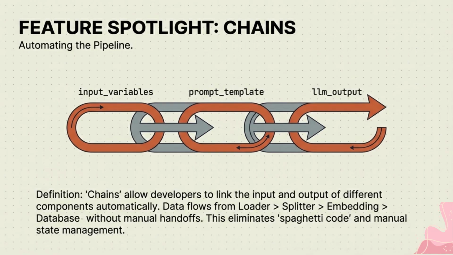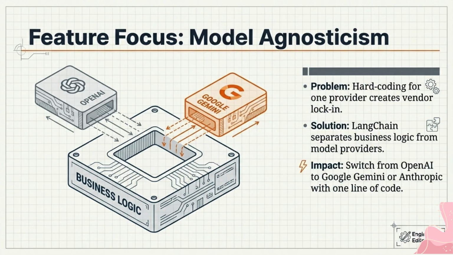No manual formatting. Benefit: streamlines execution. Document loader to text splitter to embedding model to vector store. In LangChain, that's just a chain. Four lines of code. Define the sequence once. Framework handles the rest. This feature is critical for production.